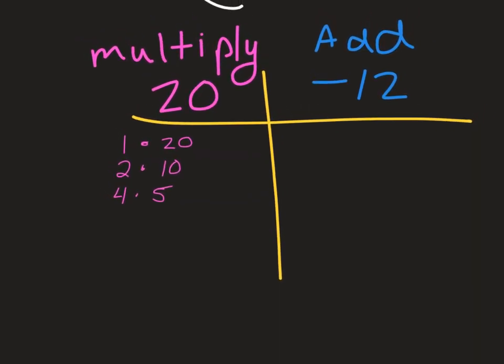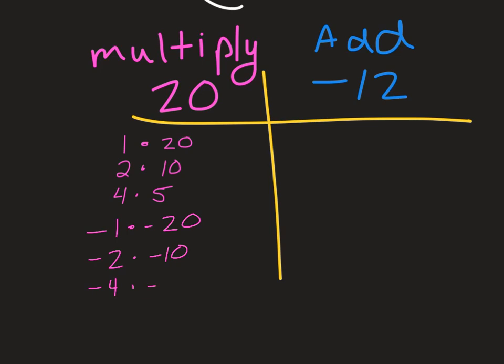Well, my problem is, though, that I don't see any of these that add up to negative 12. But I do see something kind of close because if I add positive 2 and positive 10, that'll add up to a positive 12. So I think there's something there. Don't forget that, yes, a positive times a positive is a positive, but also a negative times a negative is also a positive.